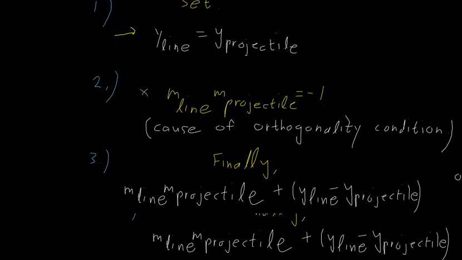That makes sense. So again, I'm going to repeat myself. This is key. If the target line has a positive slope, then the projectile must hit with a negative reciprocal slope. And that is the calculus slash geometry hidden inside of the physics.